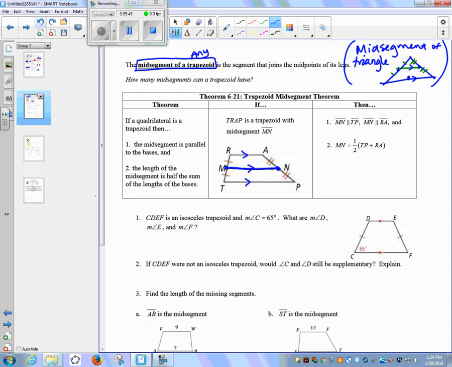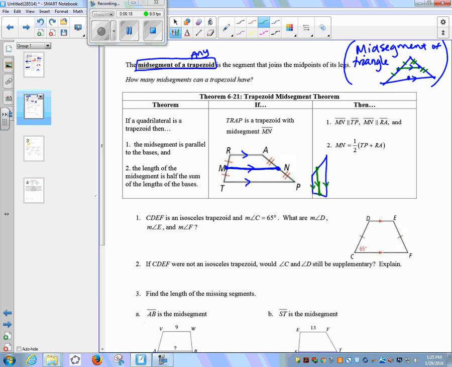Because I could turn this sideways and it wouldn't look like the top and bottom anymore. But you still, by midsegment, you want to connect the midpoints of the two legs. Those are the two non-parallel sides. And it will give you a midsegment that's parallel to the two bases, in other words, the parallel sides of the trapezoid.